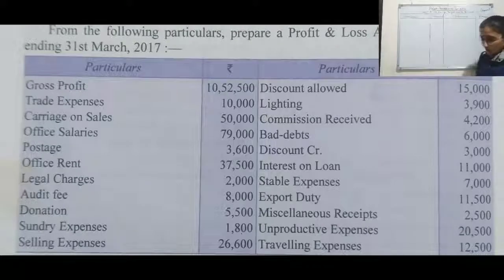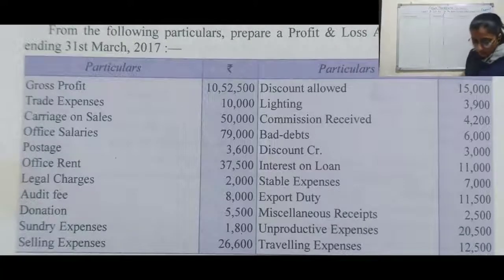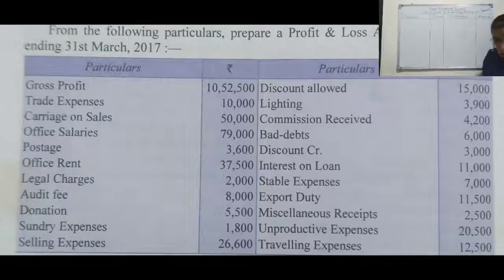So here the question is, from the following particulars, prepare a profit and loss account for the year ending 31st March 2017.